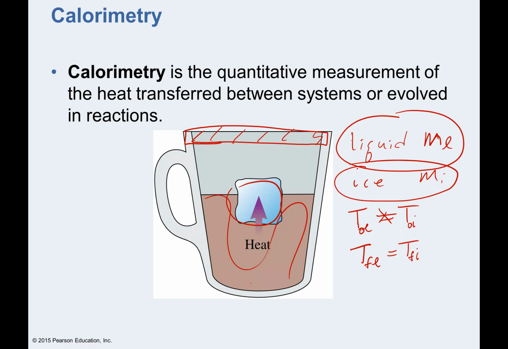That means I can look at two systems, because if I look at just the ice cube, it just gains energy. If I look at just the liquid, it loses energy. But if I look at both of them together, then how much energy I have in the system before and after is the same, because all it does is transfer from one object to another without losing any total amount of energy.